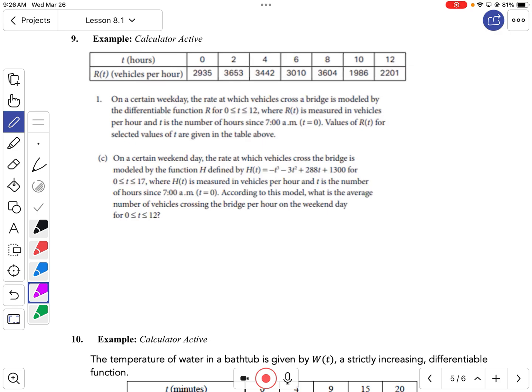On a certain weekend, the rate at which vehicles cross the bridge is modeled by the function H, where H is measured in vehicles per hour and t is measured in hours since 7. According to this model, what is the average number of vehicles crossing the bridge per hour on the weekend day? Okay, so notice what all they gave you. The top one is the weekday.